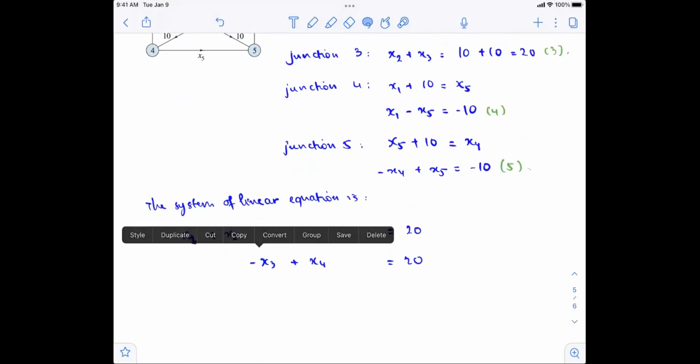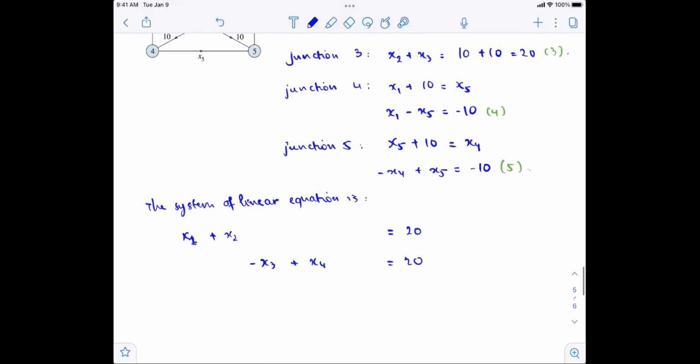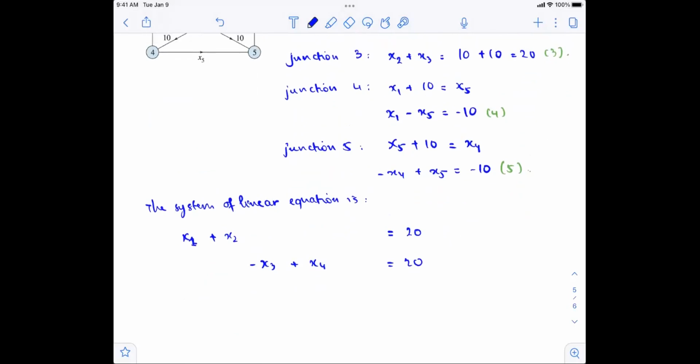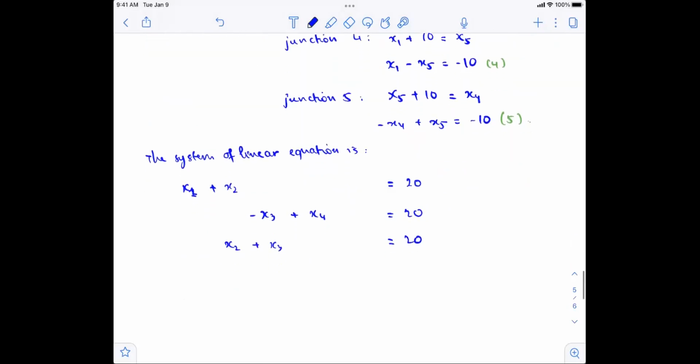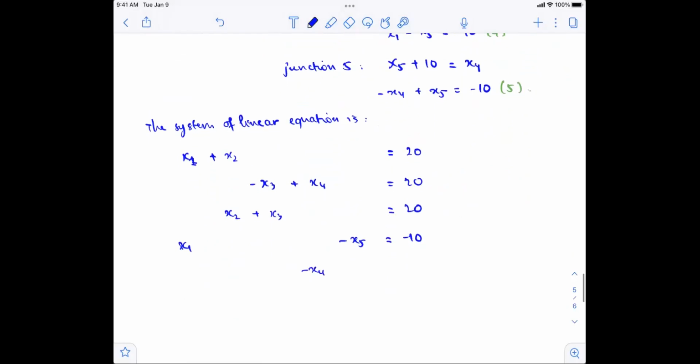Junction 3, or the third equation, is x2 plus x3 equals 20. Then x1 minus x5 equals negative 10. And negative x4 plus x5 equals negative 10 as well.